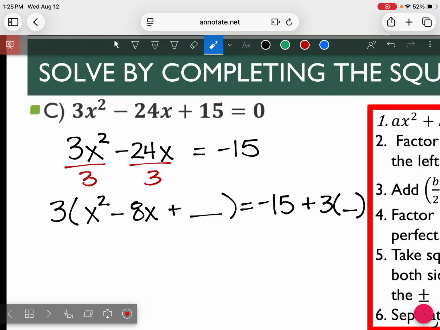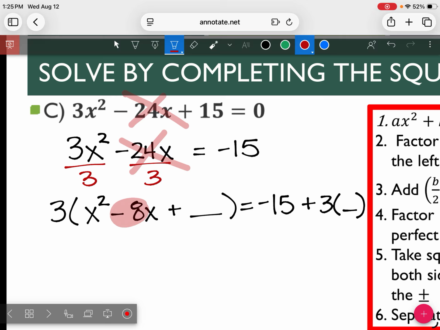So now we're ready to complete the square. This is my new B value. This is what I'm using. Take that negative 8. So we're not using that negative 24. That's not the B value anymore. It's negative 8. Take negative 8. Cut it in half. And square it. It should be a perfect square.